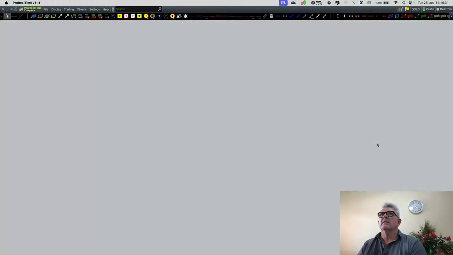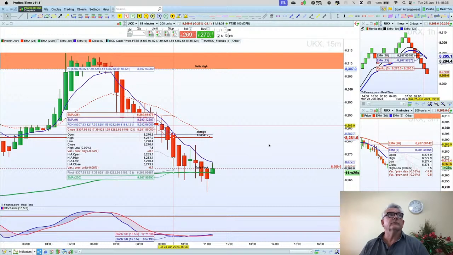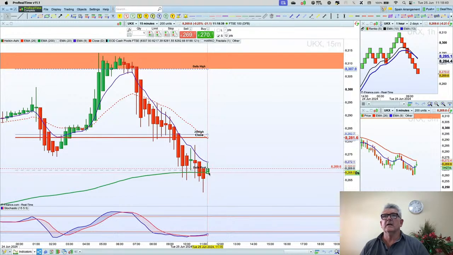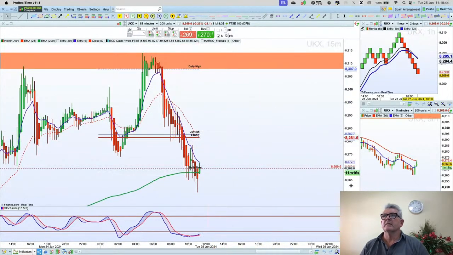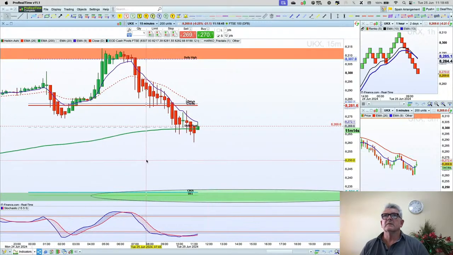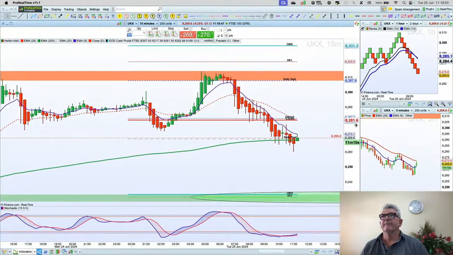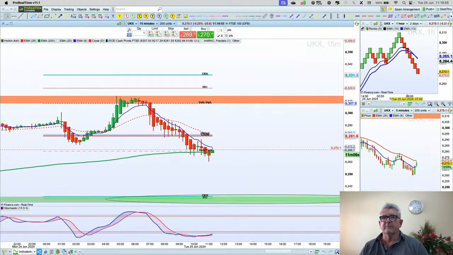We have got a flat bottom starting. Nothing too exciting, I suppose. We're still hanging around this daily pivot level. Still hanging around these pivots. If you don't use pivots, you're flying blind in the market. Everyone should be using pivots.